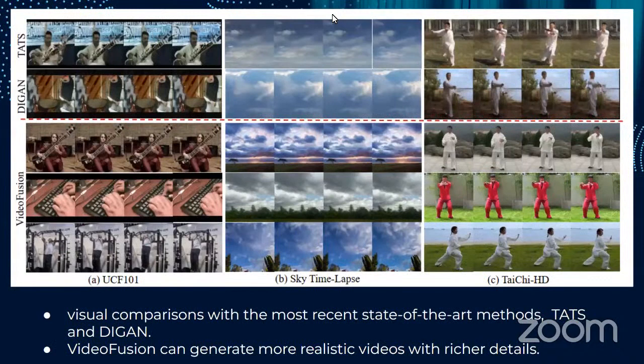Next slide. They do a visual comparison with the most recent state-of-the-art methods like TATS and GAN against VideoFusion. VideoFusion can generate more realistic, high-quality videos with richer details. Next slide.